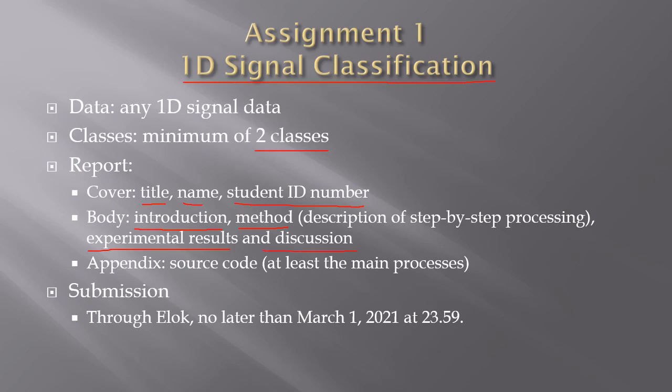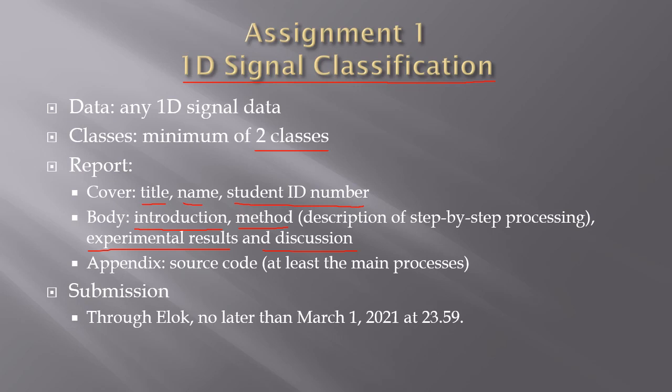The experimental result and discussion could be one section, but it could also be separated into 2 sections. So your body could be either 3 sections or 4 sections. The method should describe the step by step of data processing. So how you process the data.